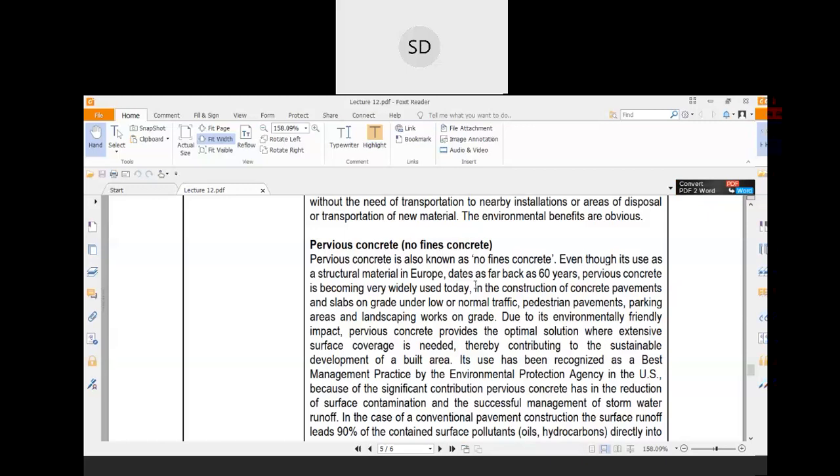So in such cases, for a parking lot or some ground where you need to put some pavement or construction, you can go for the perforated one. All the rainwater can easily penetrate through it, and it can recharge the groundwater. So that is the use of pervious concrete, and it is very environment friendly because it enhances groundwater recharge for a particular area.